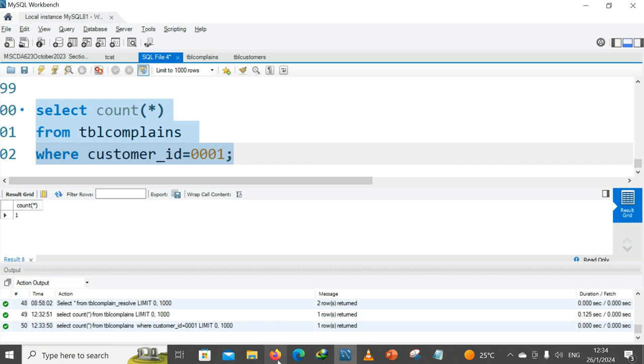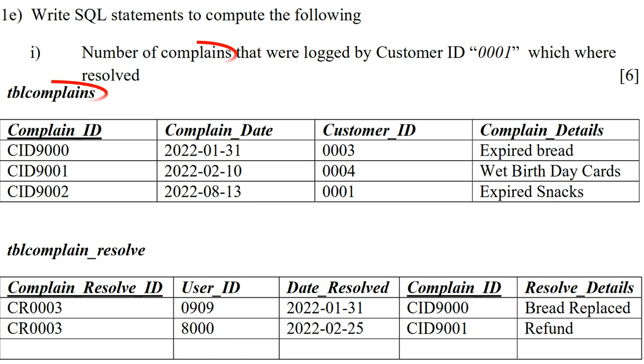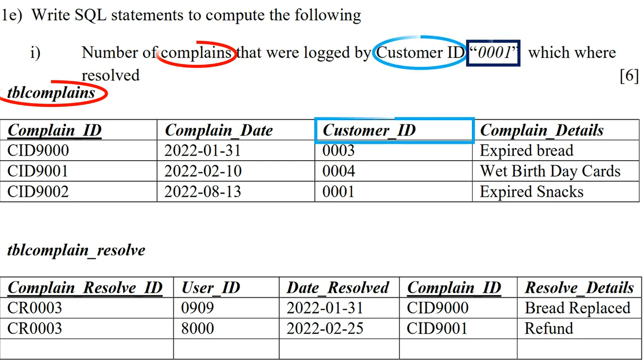So now let's come back to the question, which were lodged by... so we are done calculating the number of complaints lodged by customer ID 0001, but we want only those that were resolved.